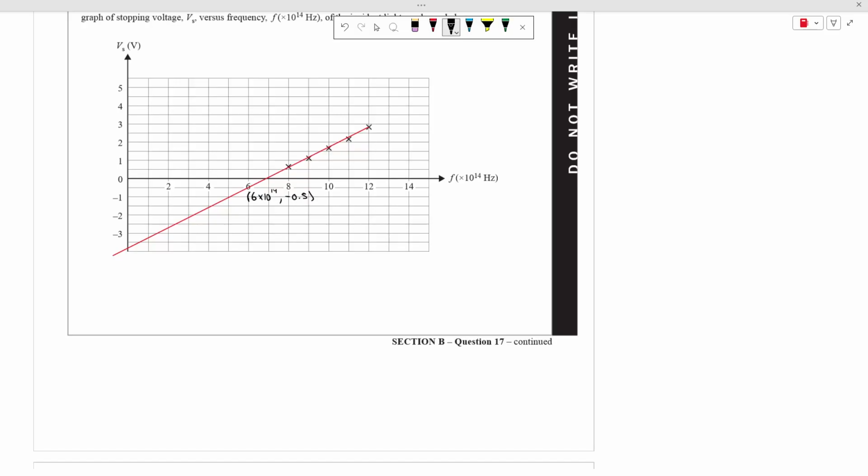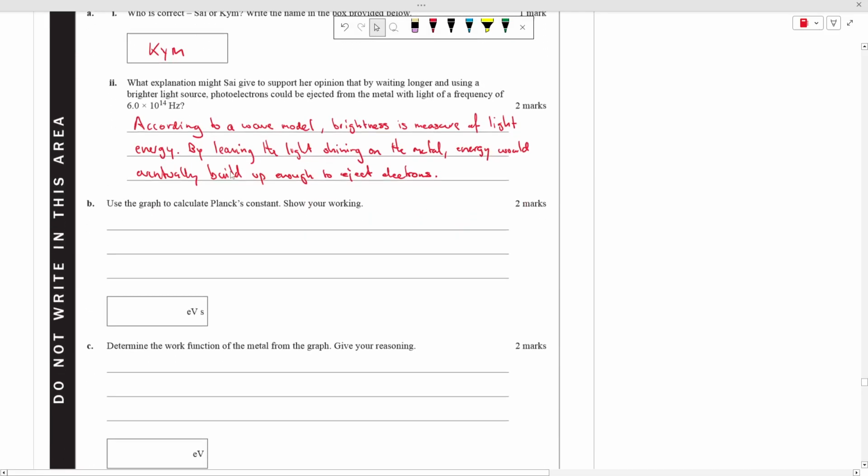Another point that we might like to use, maybe I'll go for this one. That would be 1 times 10 to the 14, and we'll say that's negative 3.25. Yeah, that looks good. So you had to have drawn a line of best fit, identified 2 points on the line, and now we have to use the graph.